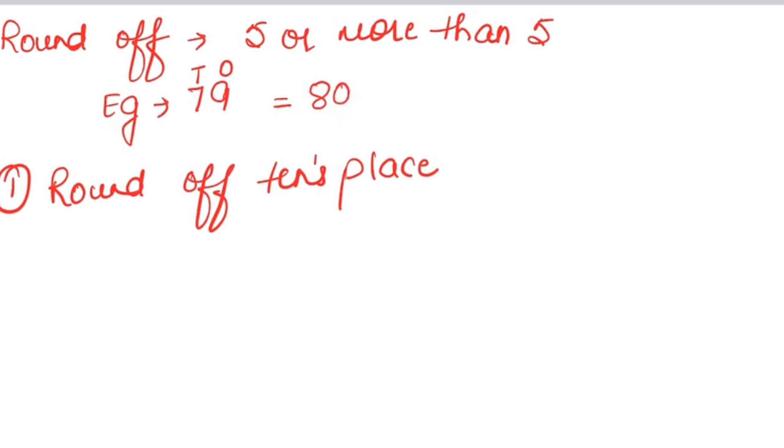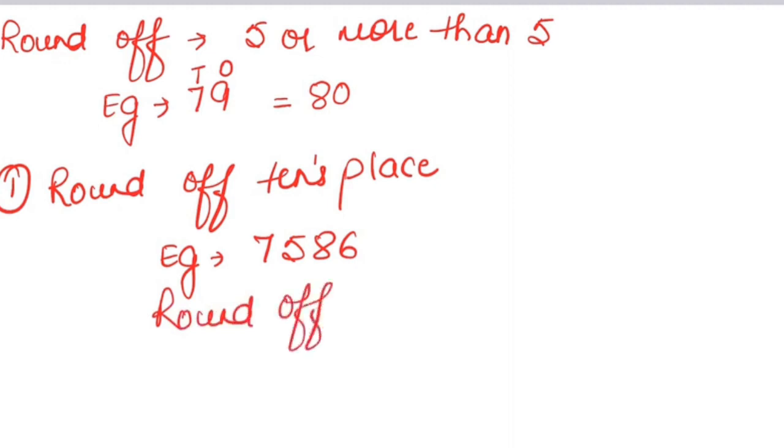So 2 examples I have given, one is 79, one is 74. In 79, 9 is more than 5, and 4 is less than 5, so you only replace the digit with 0. Next example I will give you, the round off of the nearest 100.